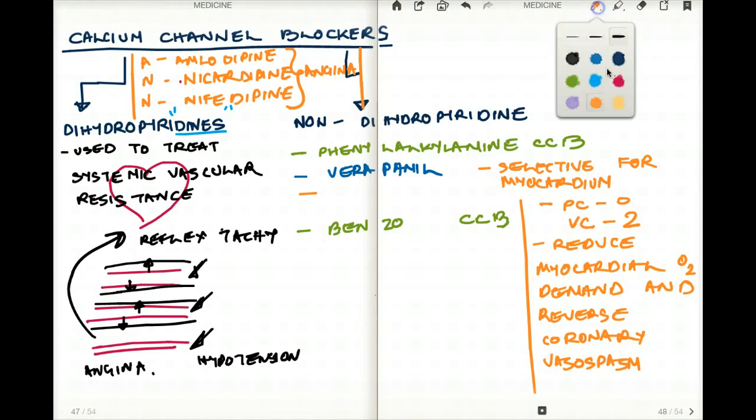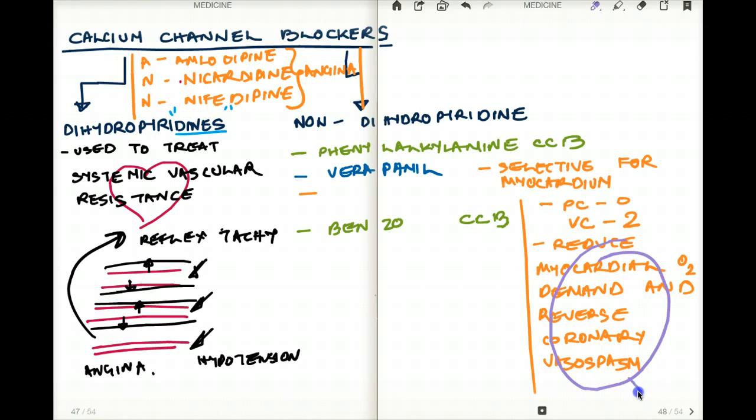Don't you think this is our ideal candidate for treating angina? That's why we use verapamil to treat angina. The non-dihydropyridine, which is a phenylalkylamine calcium channel blocker, is used to treat angina.